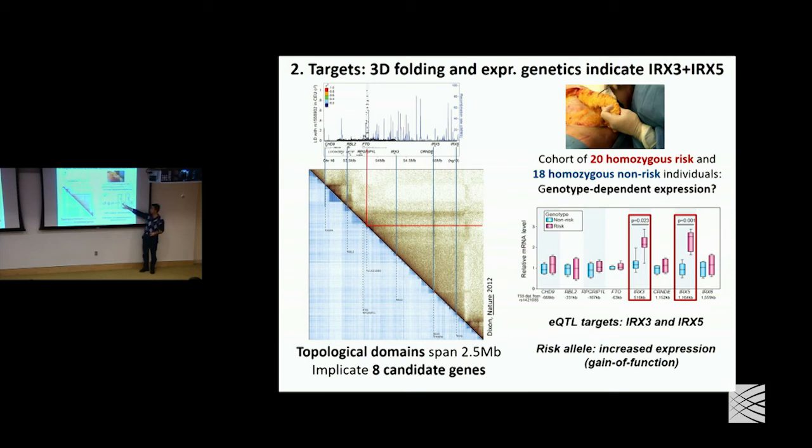And it turns out that if you have the risk variant, you show twofold higher expression of two target genes. And these are sitting 1.2 million nucleotides away and 500,000 nucleotides away. FTO does not show any difference in expression here. And what's really cool is that this is actually a gain of function. We always think of losing the activity of a gene. In this particular case, the genes become hyperactive.